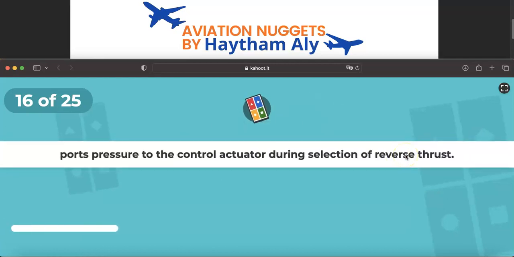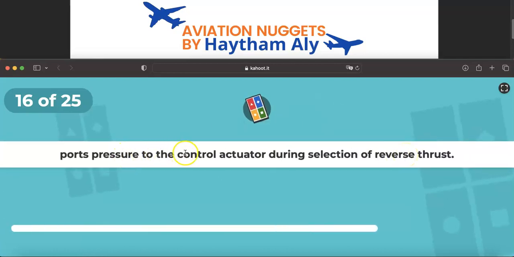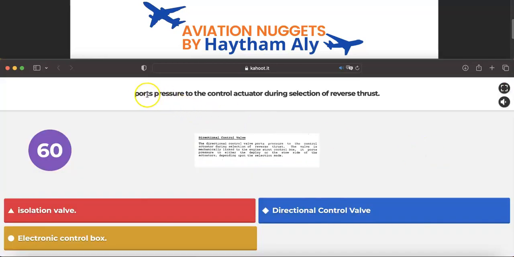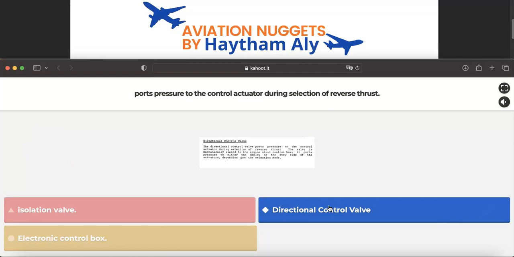Next one. Which component ports pressure to the control actuator during selection of reverse thrust? Is it the isolation valve, or directional control valve, or electronic control box? As I told you, the directional control valve will allow to stow or to deploy the thrust reverser.